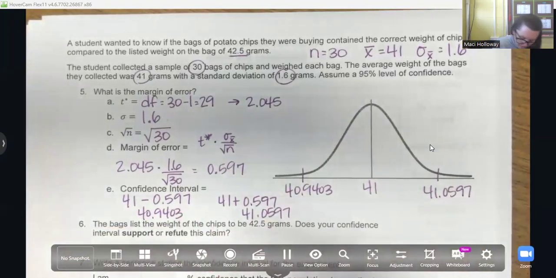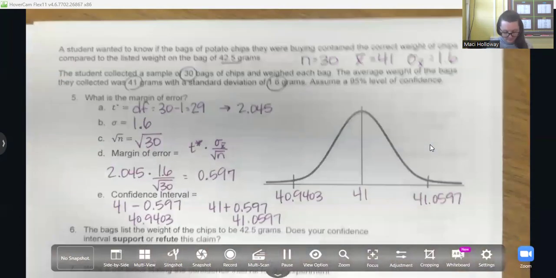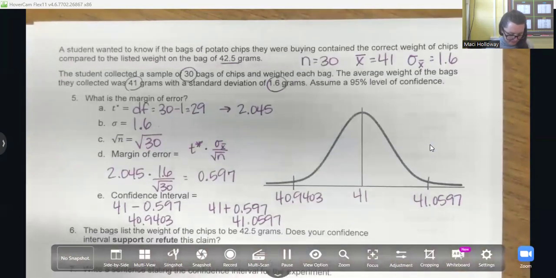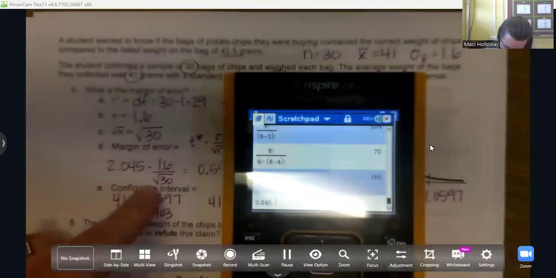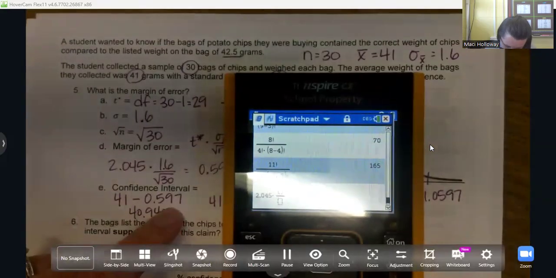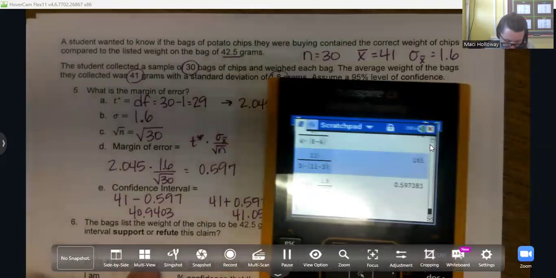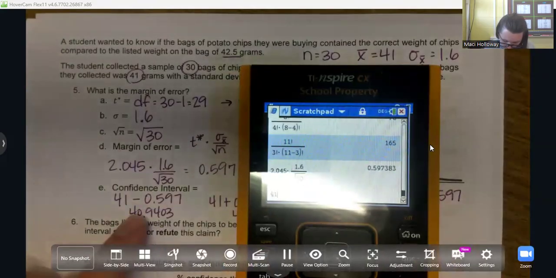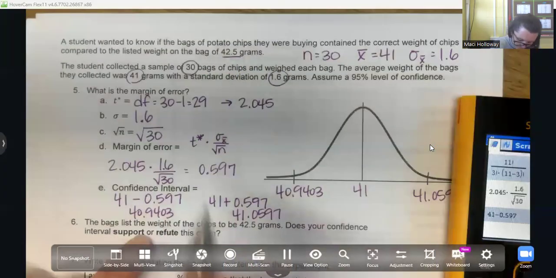Oh, wait, let me calculate that again. Let me go back to my calculator. All right, so we want to calculate this. I feel like I'm off on a decimal here. 2.045 times 1.6 and square root of 30. It is 0.597. Okay, so let's see. 41 minus 0.597. I am off.